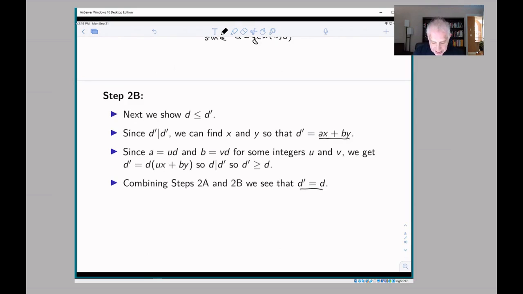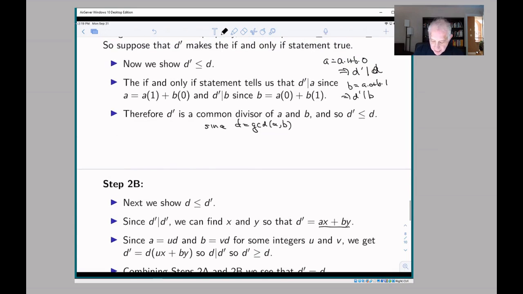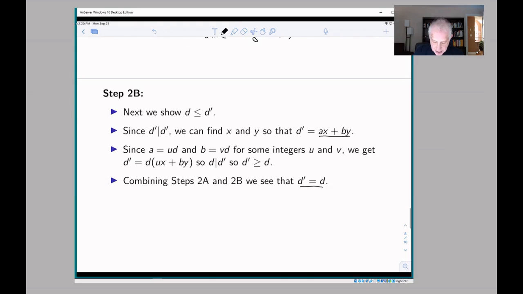Now, we know that A and B are multiples of the greatest common divisor, so we write them as multiples of D, which is the greatest common divisor, and substitute that into this expression, and we get D prime is D times UX plus VY. And that tells us that D divides D prime, so D prime is bigger than or equal to D. So up above, we had that D prime was less than or equal to D. Now we have that D prime is bigger than or equal to D. So the conclusion is that D prime equals D.